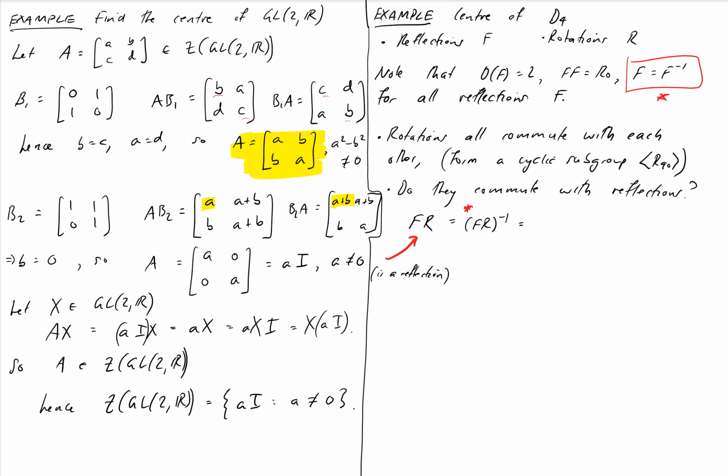Okay, socks and shoes property says that's equal to R inverse times F inverse.